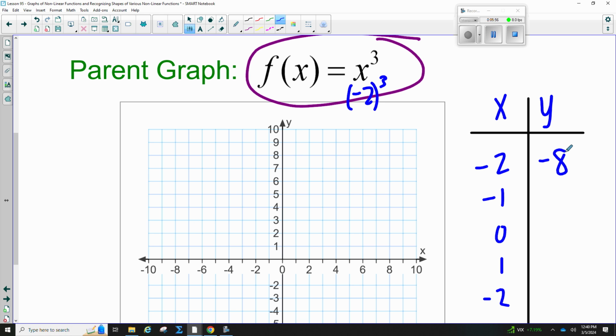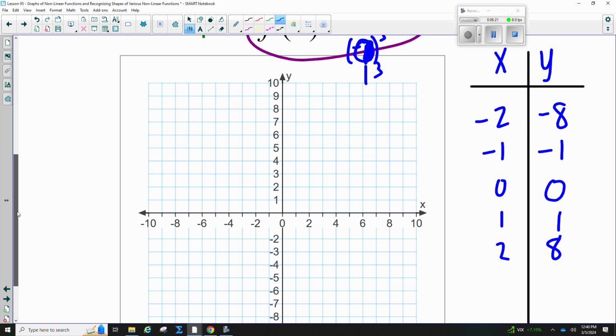If I plug in -1, what is -1 cubed? It is -1, because it's negative times negative times negative. What about 0? What's 0 cubed? Great. What about +1? What's 1 cubed? And I don't know why I put a -2 there. That should be a +2. Okay. What's 2 cubed? +8.